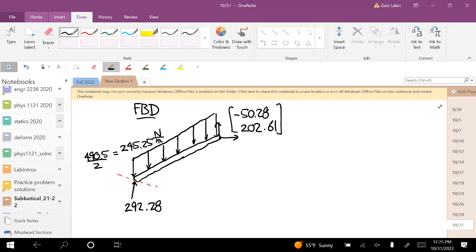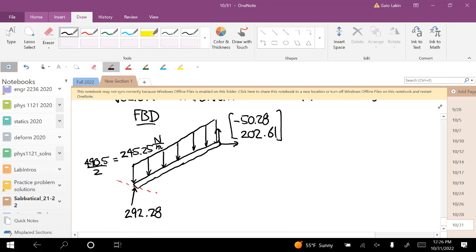If it's a weight force, you're just dividing by the length and that's all. If it's another thing, then you just have to come up with the function value of it. So if it was a triangle, you'd have to come up with the function for that line. But we're going to be doing it with weights only.